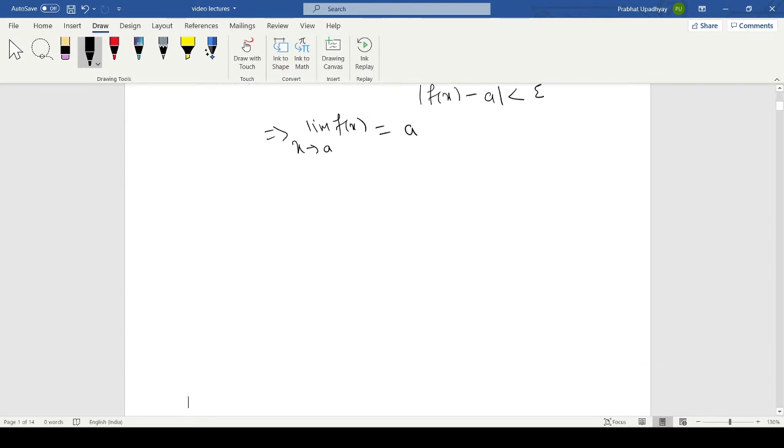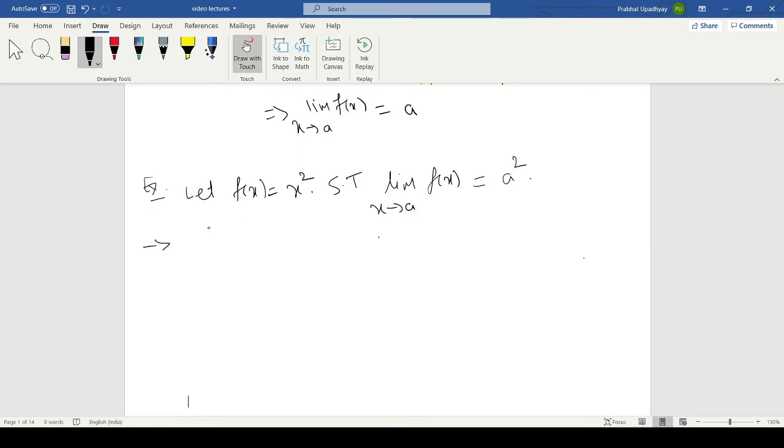Let's consider a second example. Here, let your f(x) equal x square, and we are asked to show that limit of f(x) as x tends to a is equal to a square. So again, let's start. Let epsilon greater than 0 be given.